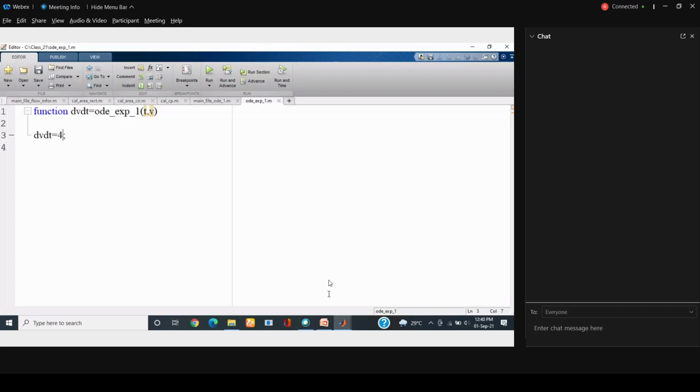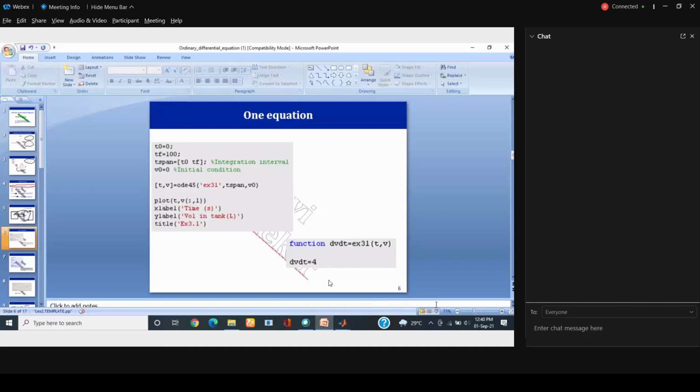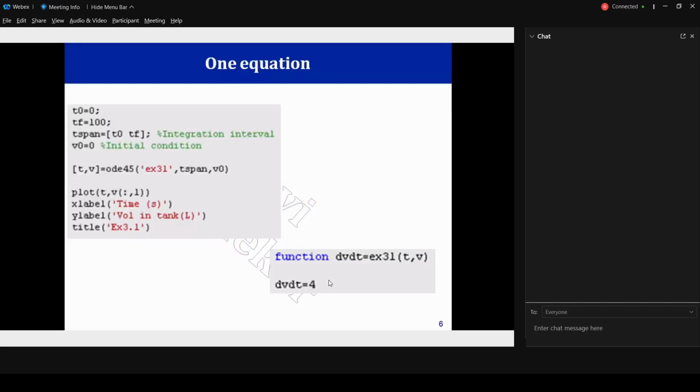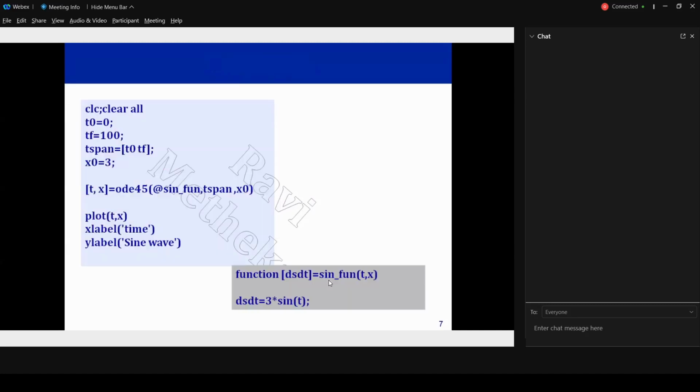Any doubts, any questions on this one? Can you people try to solve this? The function is ds by dt is equal to 3 into sine t.